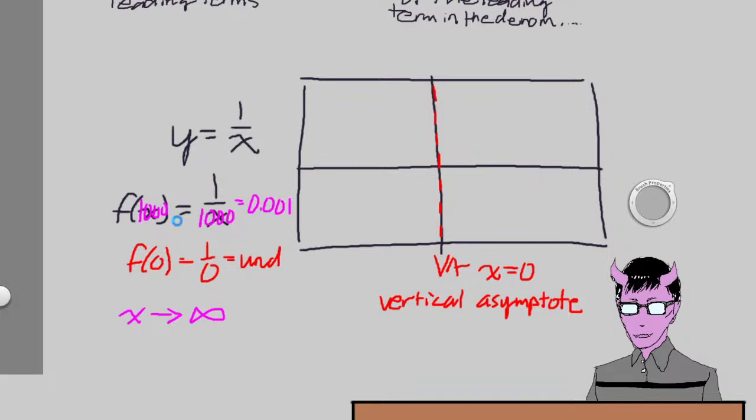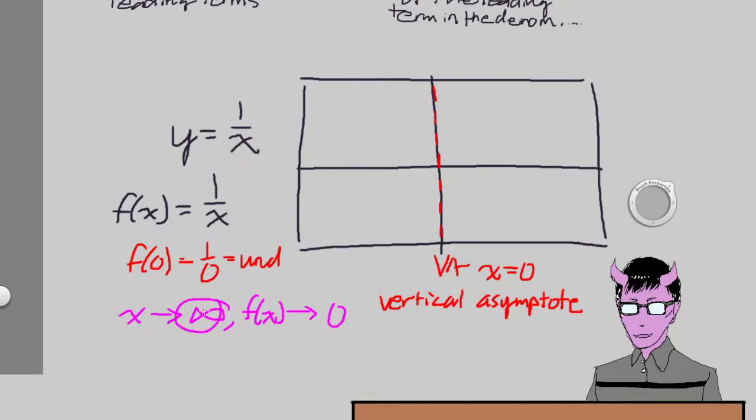And this trend will continue. The larger the input that you put in, the smaller the output you will get out. Which we can summarize using this statement. As x approaches positive infinity, then y values approach, or you could call that f of x, this is just synonymous with y, approaches 0. All right?